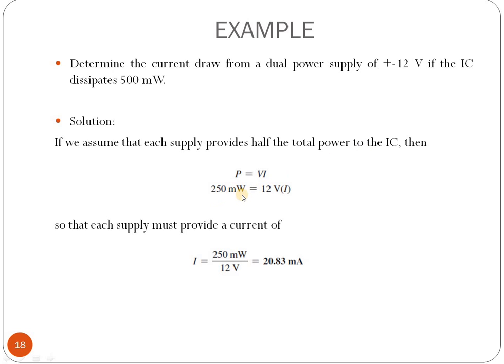P equals VI, P equals 250 milliwatt for one portion, because it has the dual supply. So one portion is 250 milliwatt, voltage is 12 volt, and we need to find the current. Current I equals 250 milliwatt divided by 12 volt, and the result is 20.83 milliampere. So this is the current rating of this system.